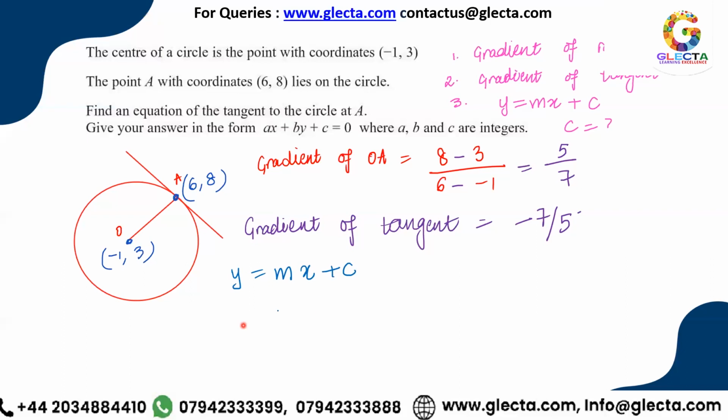So over here, I'm just going to replace m by -7/5. And since we are calculating the equation of line, our line passes through the coordinates 6, 8. That means my x coordinate is 6, y coordinate is 8, right? That's what I'm going to substitute over here.